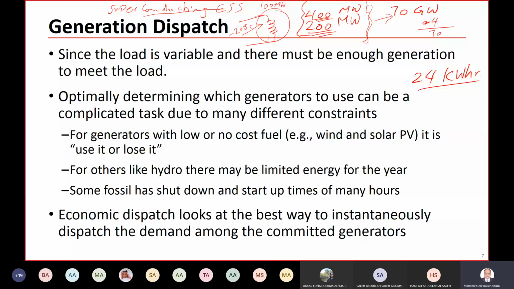Still, Doctor, why can't we use a capacitor? The supercapacitor. Let's say, since you said supercapacitor, let's look at the supercapacitor. The supercapacitor could be thousands of farads.